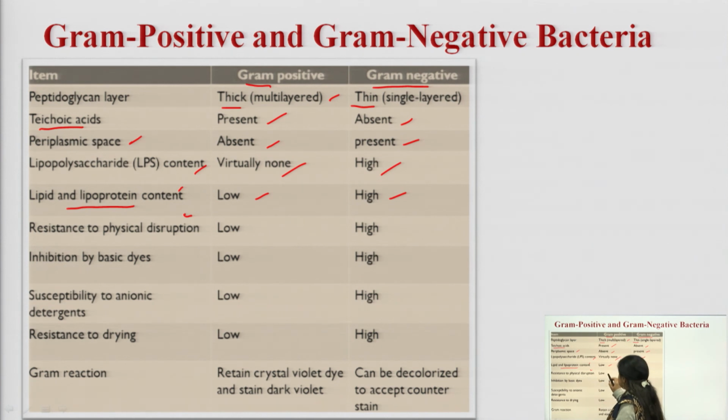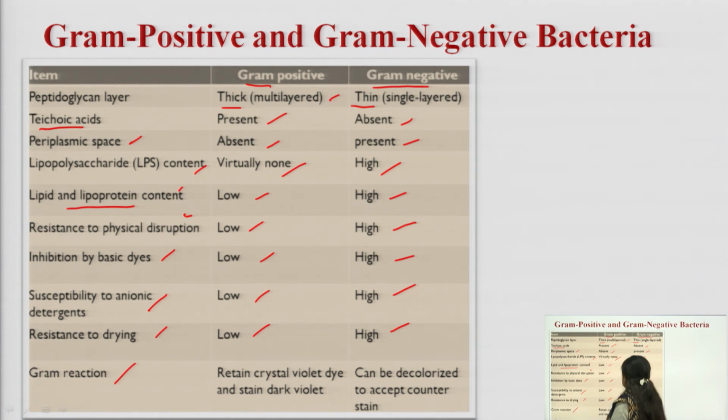Resistance to physical disruption is low in gram positive bacteria, whereas it is high in gram negative bacteria. Inhibition by basic dye is low in gram positive, whereas high in gram negative. Susceptibility to anionic detergent is low in gram positive, whereas high in gram negative. Resistance to drying is low in gram positive, whereas high in gram negative.